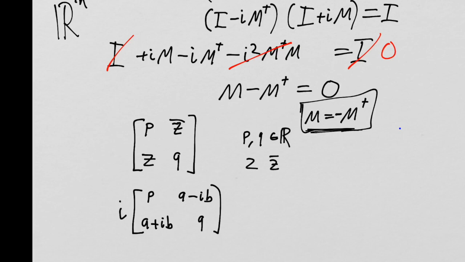So first of all, this behaves normally, but then this i would take a minus 1 and turn the whole matrix into the negative of itself. So now the diagonal is purely imaginary, and the off diagonals just have to take this i.